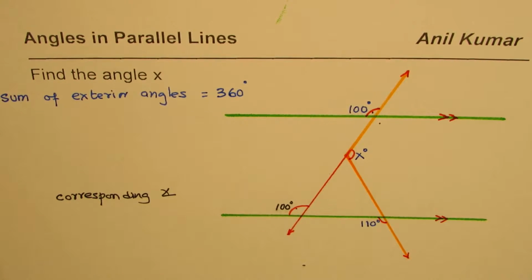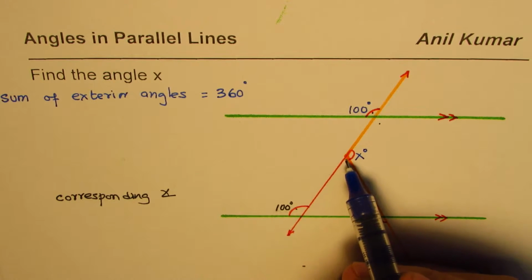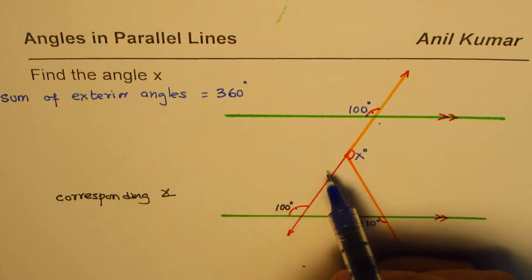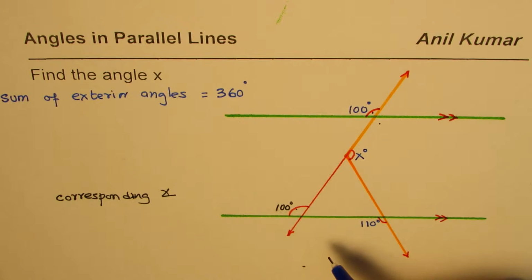For that matter, for any polygon, the sum of exterior angles will always be 360, since if I extend it, you'll find these angles form a circle, and a circle is always 360 degrees. You get an idea, right?